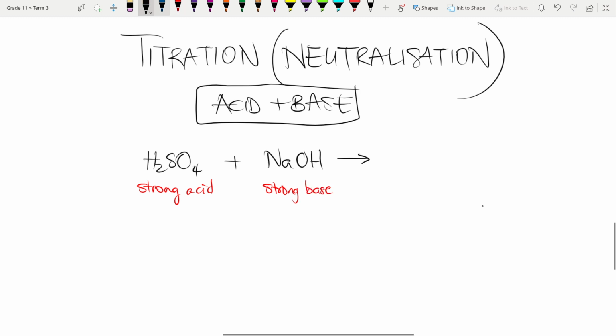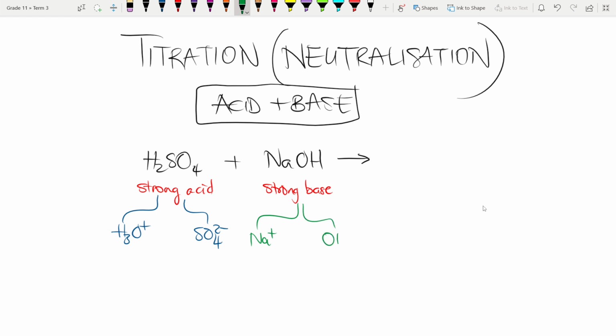But once again, what's going to happen is that the acid is going to break into H3O plus and SO4 2 minus in the water, because it's aqueous. And this one is going to break into Na plus and OH minus in water. Then our products, this one and this one, are going to match, positive and negative, to become a salt.